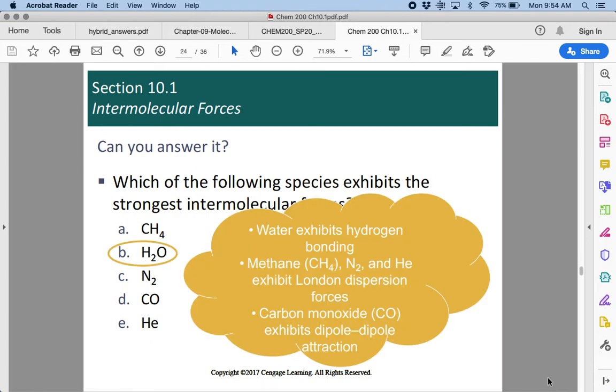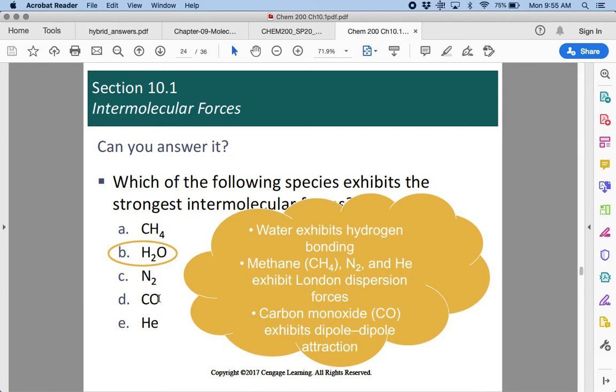Now, you may be confused with this one, and I want to bring this up. Water has London dispersion forces, water has dipole-dipole interactions, and it has hydrogen bonding. All of these exhibit London dispersion forces. CH4 and N2 and helium only have London dispersion forces, right? They're all nonpolar.